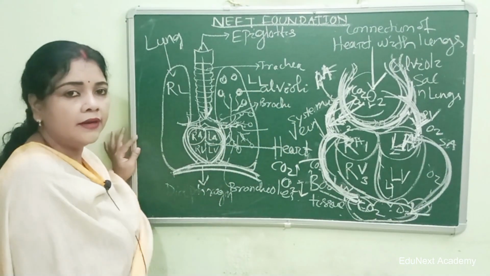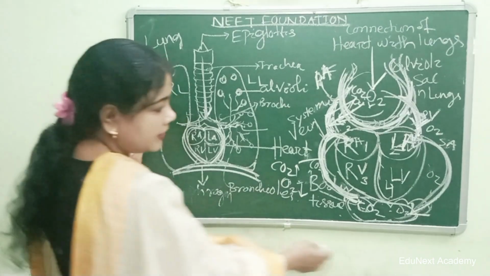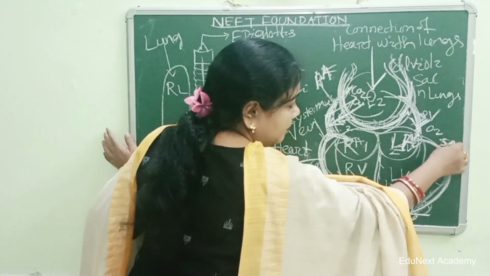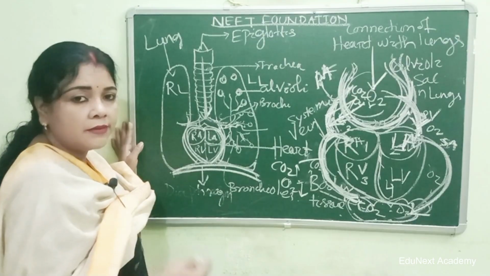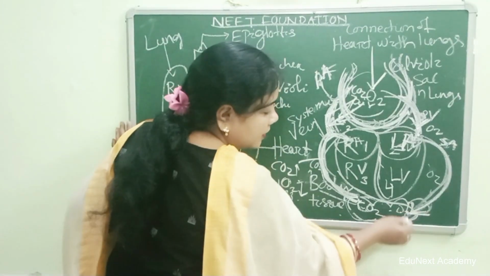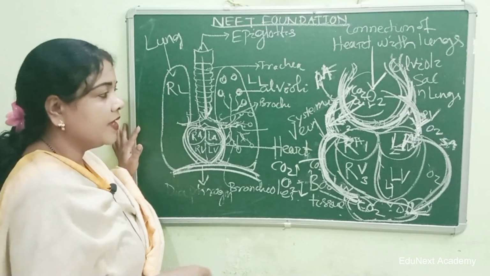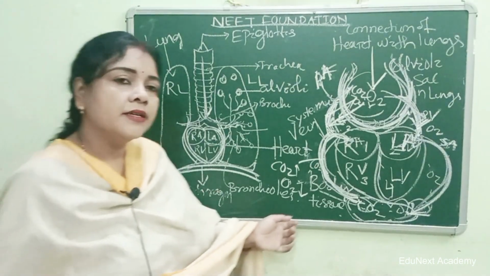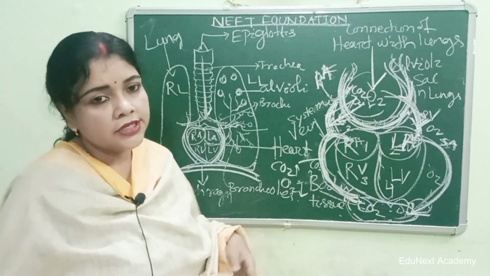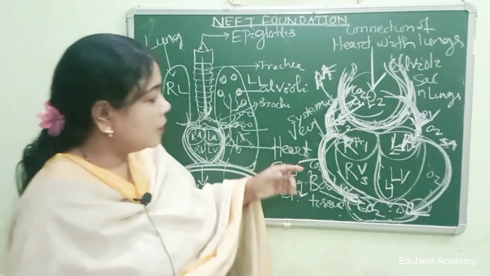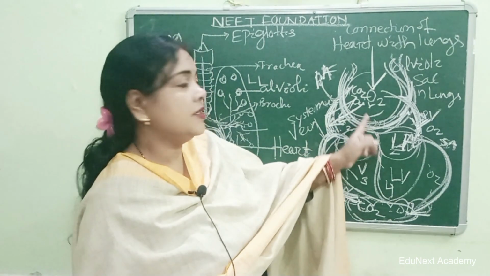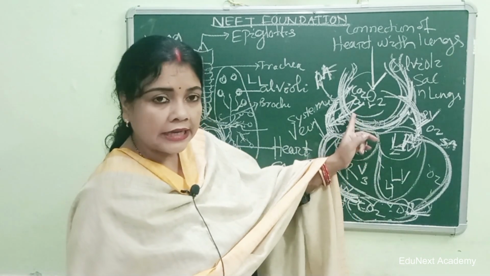The systemic aorta contains oxygenated blood, and with its help the oxygenated blood reaches every tissue of our body. In this way, carbon dioxide and oxygen are exchanged between the blood and the alveolar sac.